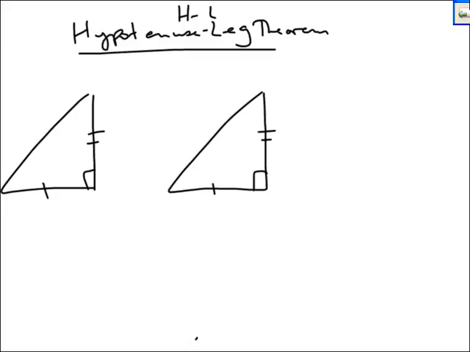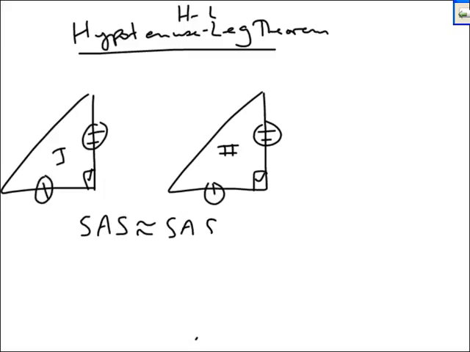These two triangles, 1 and 2, are congruent because they have a side in common, they have a second side in common, and they have the angle in the middle congruent. These two triangles are congruent by SAS.